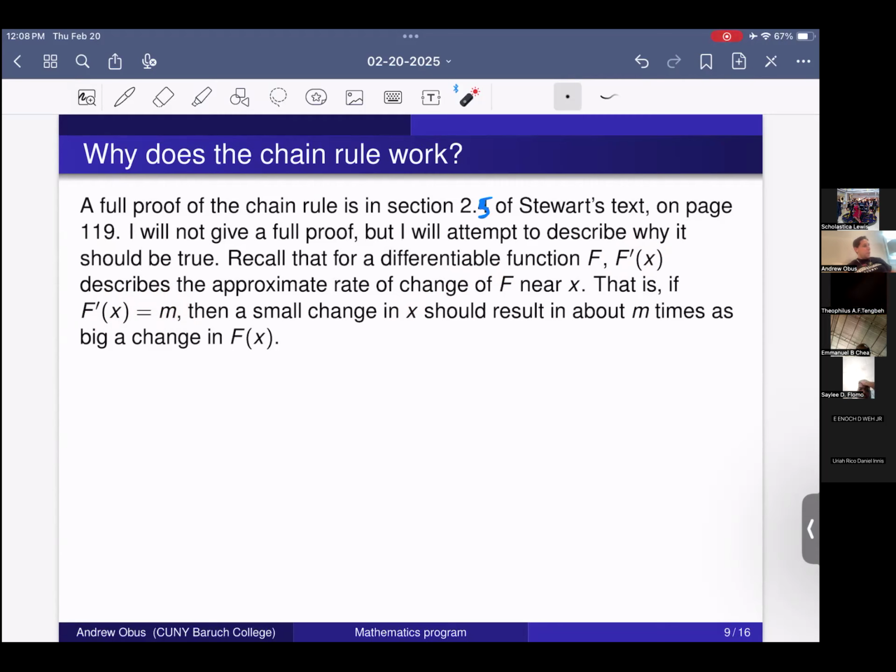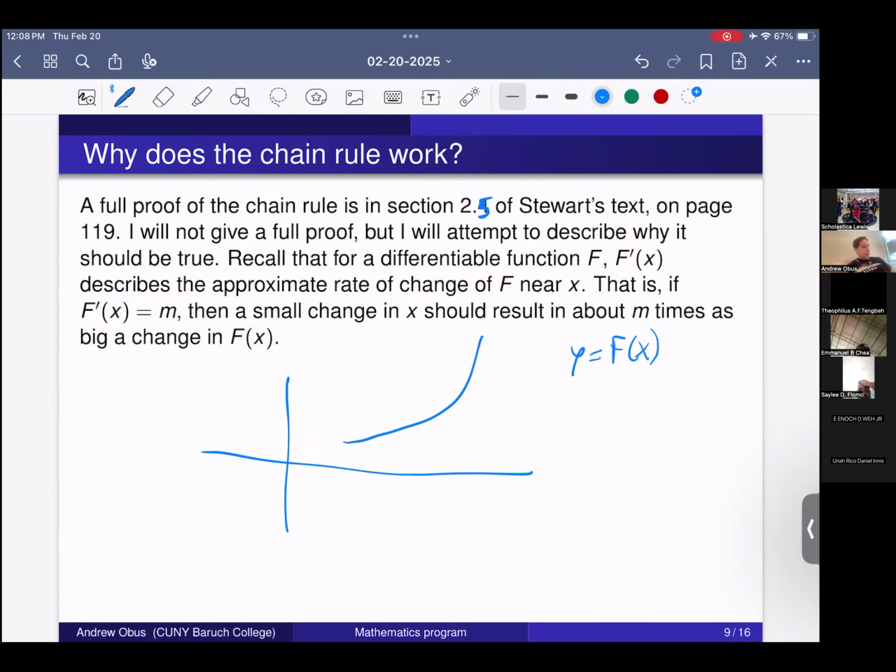This is the whole tangent line thing. If this is y equals f of x, and I have x over here, and I make some small change delta x, then the tangent line gives you an approximation to how this is going to increase.